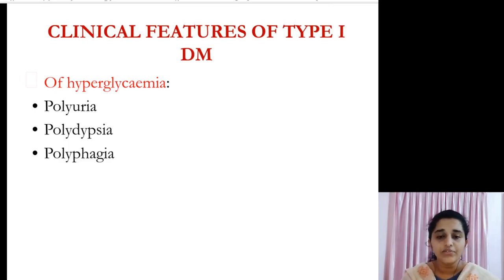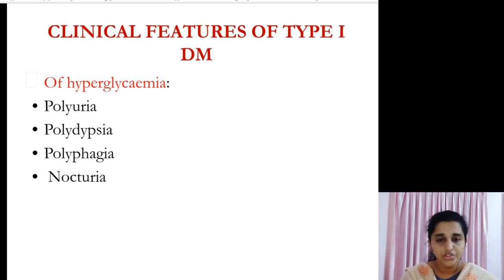Next is polyphagia. In the first slide we have seen that it is a function of insulin that we get more energy from the breakdown of glucose. But in this case, in order to compensate this energy requirement, the body tends to have more food, or more hunger, polyphagia.